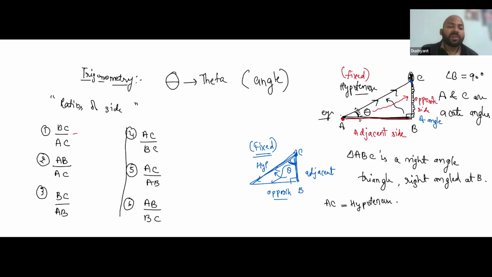Okay, great. So now the ratio of BC and AC, we have a specific name. So the ratio of BC, that is my opposite, over hypotenuse. Opposite over hypotenuse.